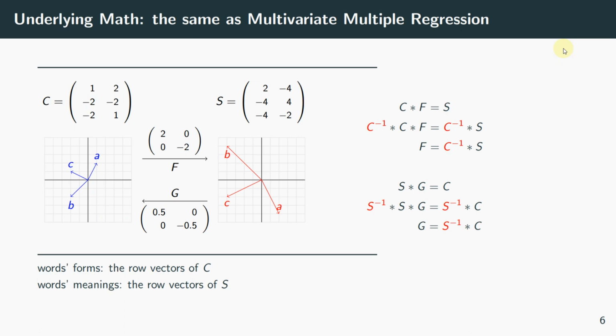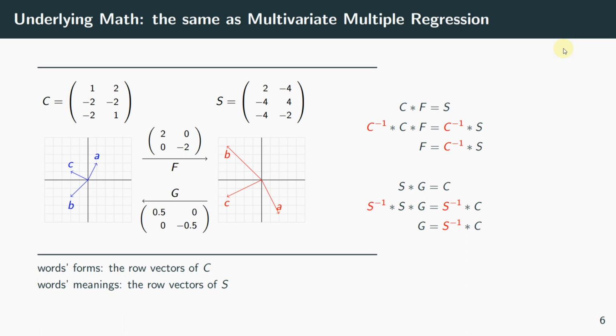So back to our model. Our model is a simple two-layer network model without any hidden layers. The underlying mathematical mechanism is pretty much the same as multivariate multiple regression.